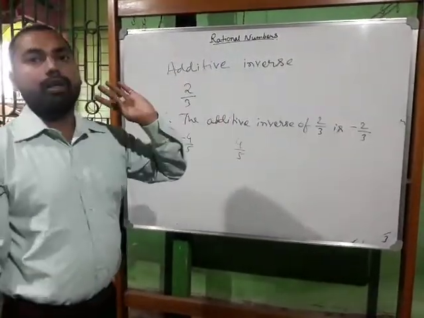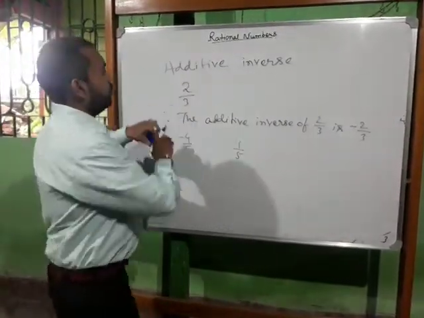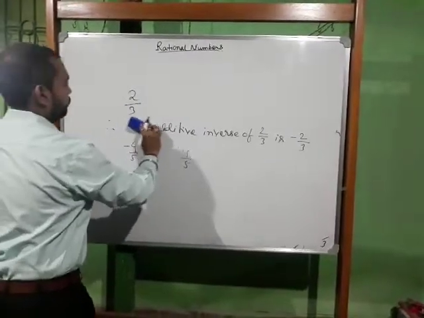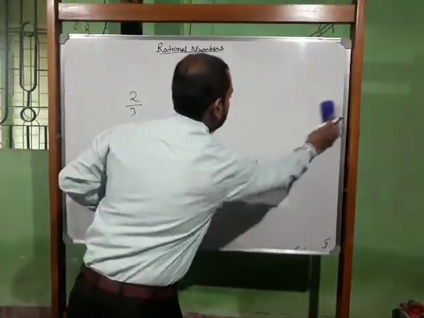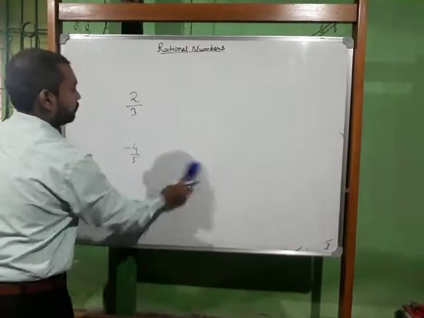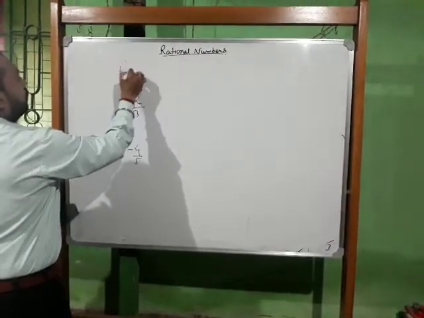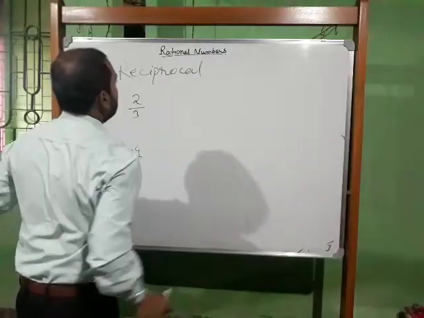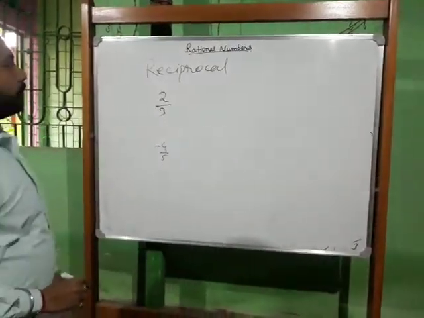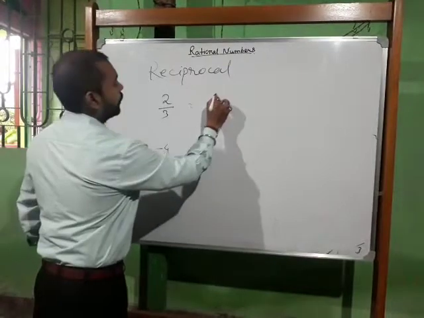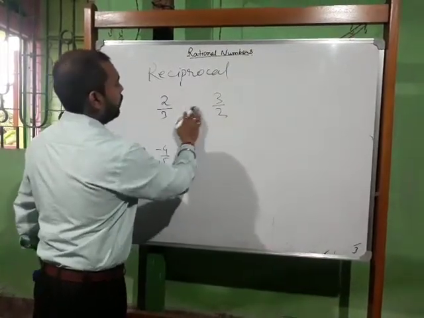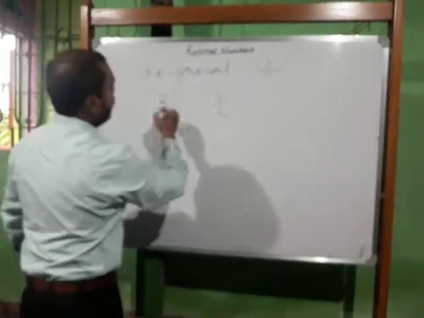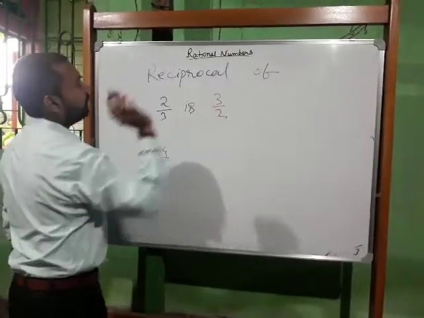That means additive inverse. If I asked you the reciprocal of this rational number 2 by 3, it will be 3 by 2. It is not equal to additive inverse. Okay, the reciprocal of 2 by 3 is 3 by 2.